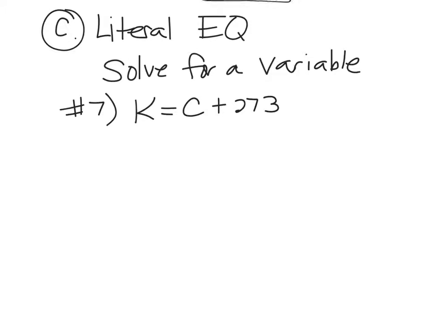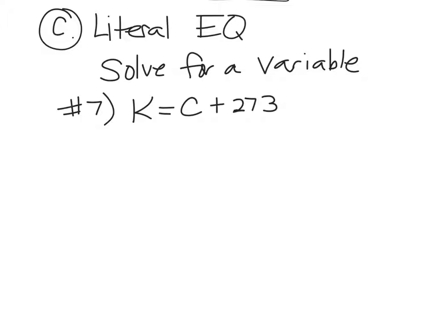So it's going to give you an equation like this. And right now, K is solved for. K equals stuff. What we want to do is solve for C instead. We're not really changing the equation, but we're solving for a different variable inside of it. It's a one-step problem. We're trying to get C by itself.